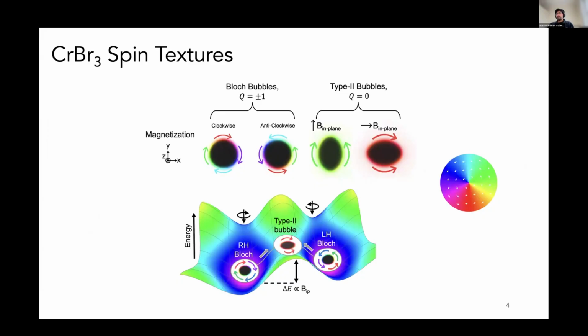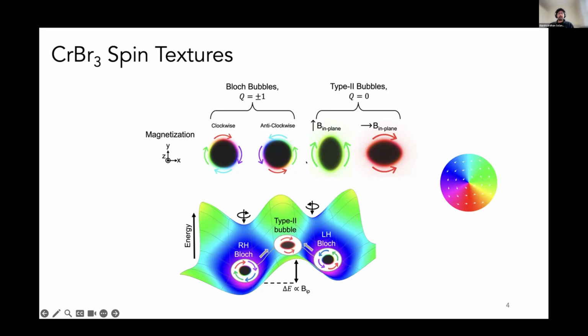So chromium tribromide has generally a very rich phase diagram with multiple possible spin textures, but for this talk I want to focus primarily on two of these energy states, which is a Bloch skyrmion and a topologically trivial type 2 bubble.